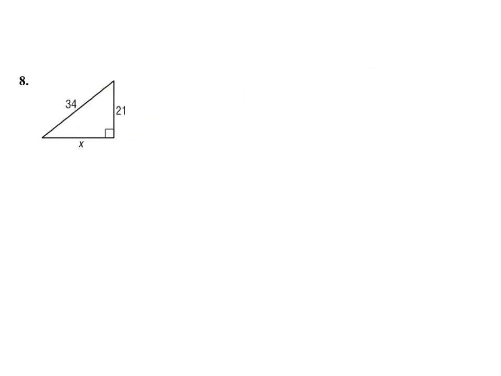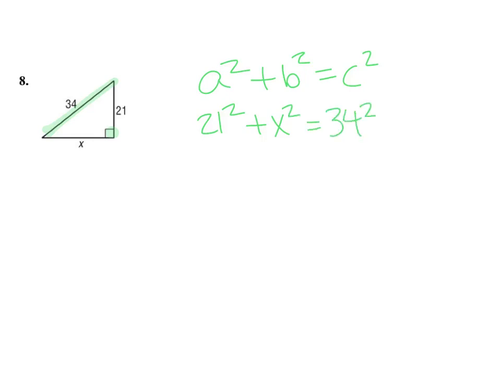Okay, so on this one, once again, here's our right angle, across is our hypotenuse, and this one we know the hypotenuse is 34. So once again, a squared plus b squared equals c squared. If you leave it in this format, you get 21 squared plus x squared equals 34 squared.